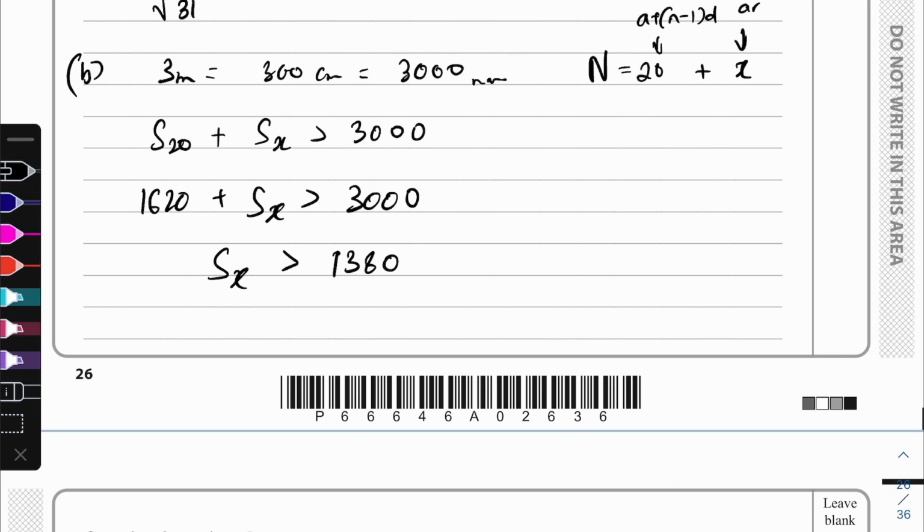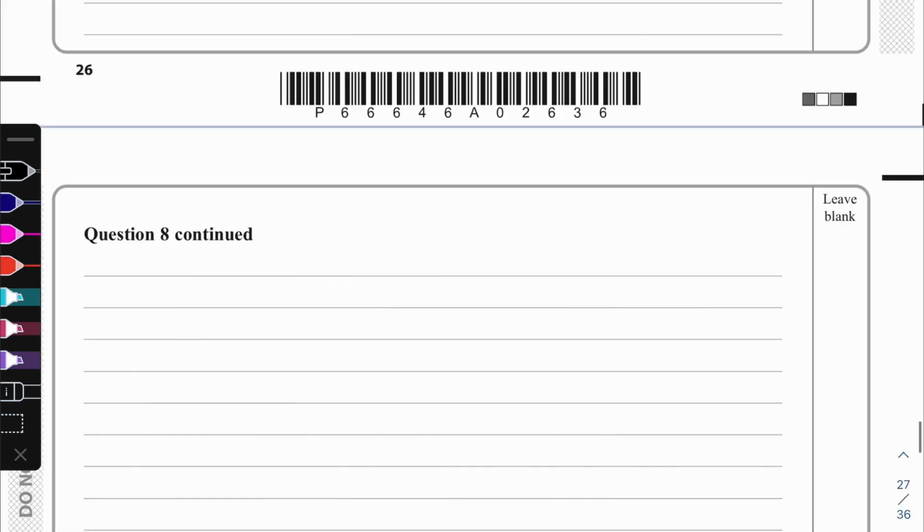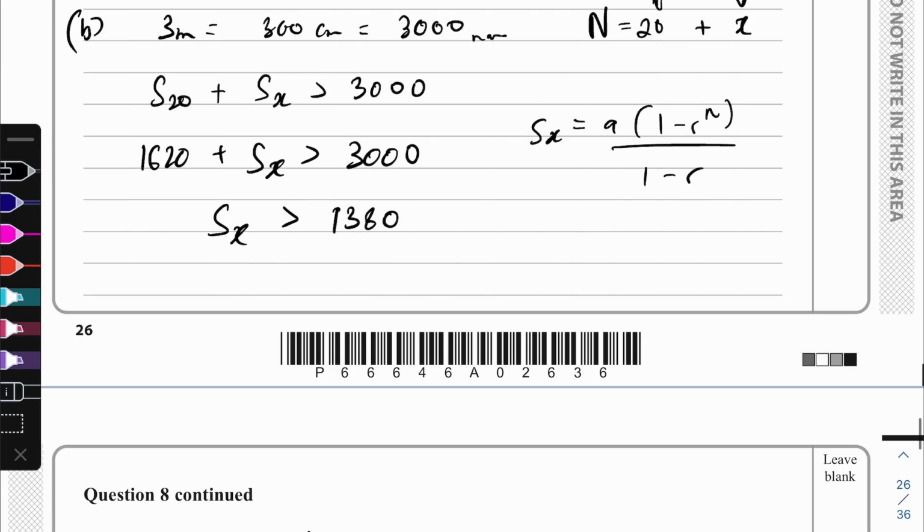What's the sum of x? The sum of a geometric sequence is a times 1 minus r to the power n over 1 minus r, right? So let's now substitute this back into here. So we get a times 1 minus r^n over 1 minus r is greater than, what's the value? 1380.